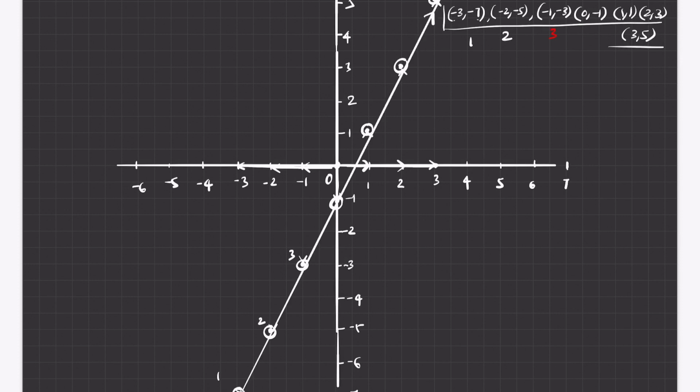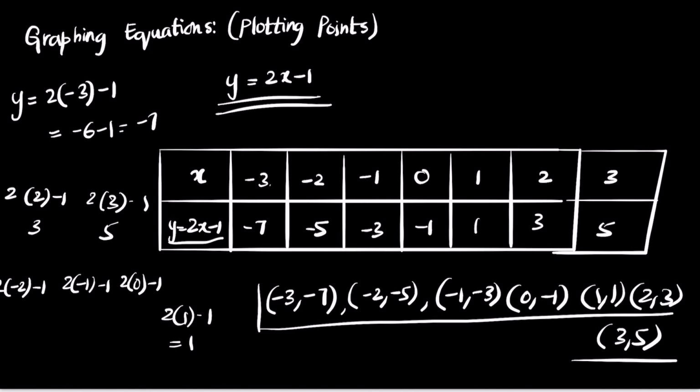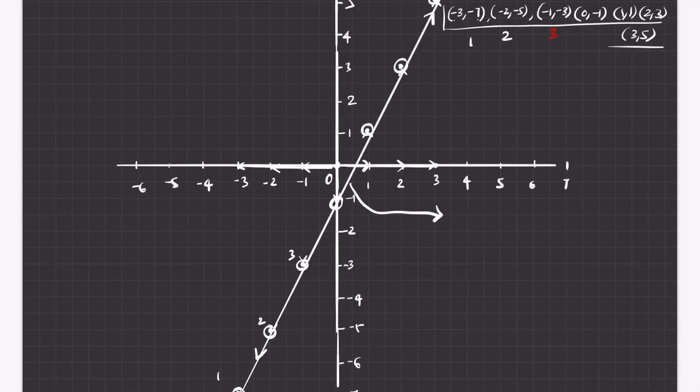So this line here is the representation for the equation y equal to 2x minus 1.